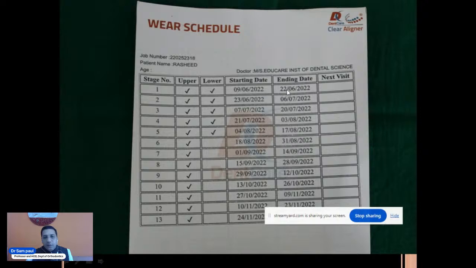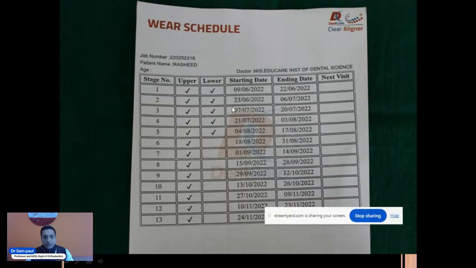From the 9th to the 22nd, the patient wears his stage 1 aligner tray. On 23/6/2022, he is supposed to wear his second tray till 6/7/2022. On 7/7/2022, he is supposed to wear his third tray.